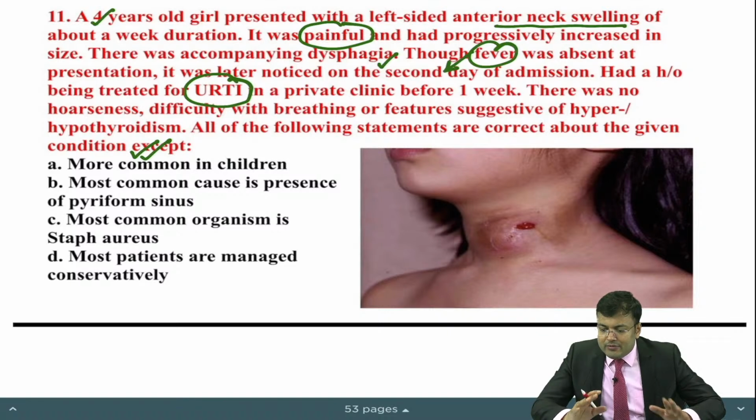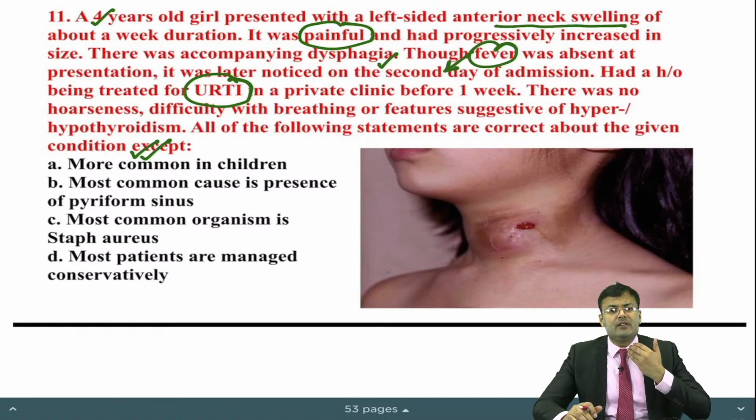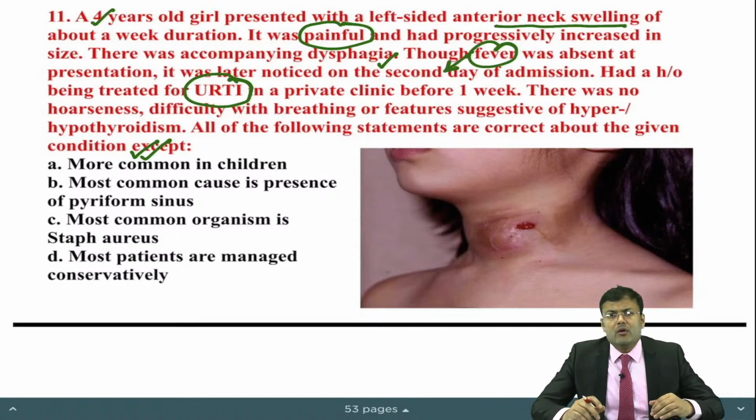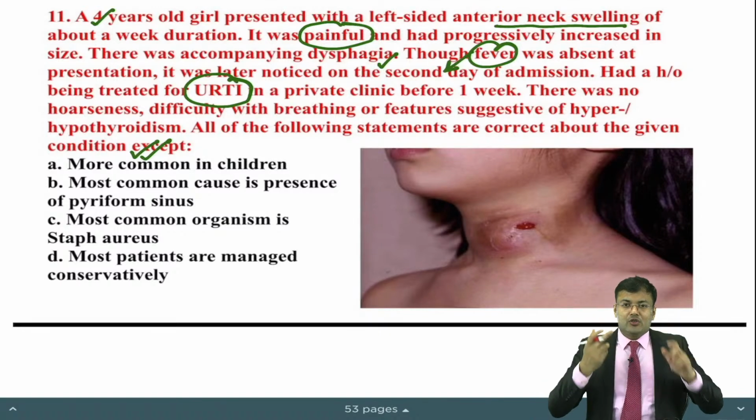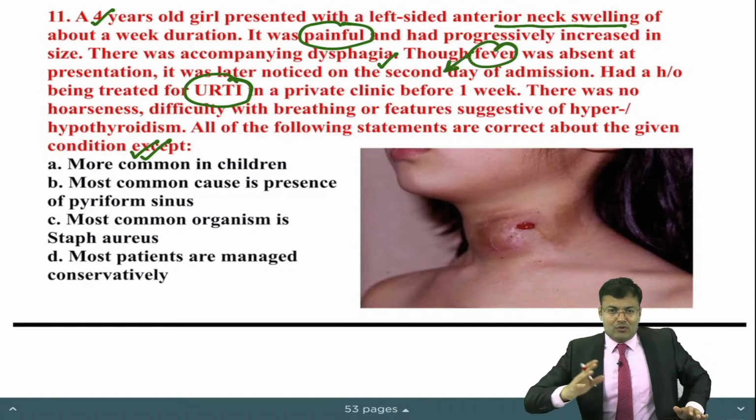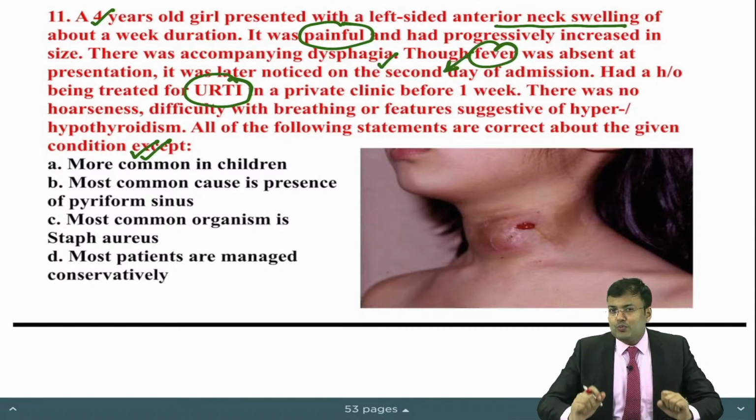It is thyroiditis. Which type of thyroiditis? Which is having fever? It means there is pus collection. If there is pus collection, we use the term suppurative. Now, 2 clues I have given. Tell me what is the name of this condition. There is suppurative thyroiditis. So, what is the name? It is acute suppurative thyroiditis.